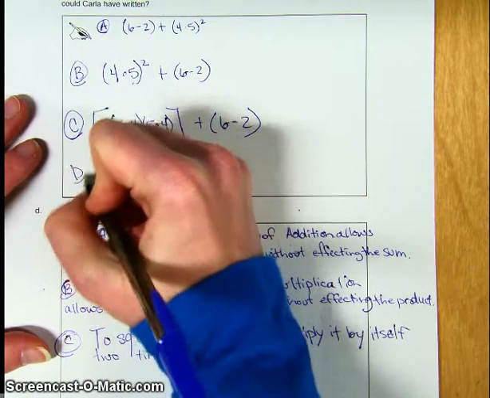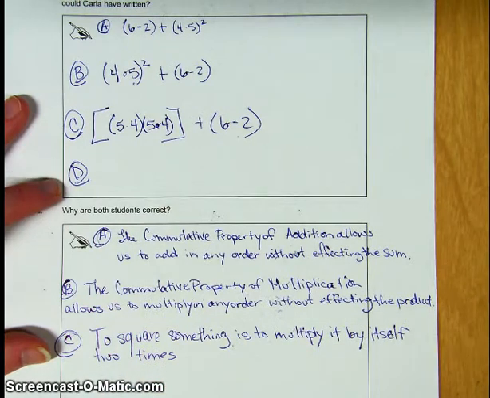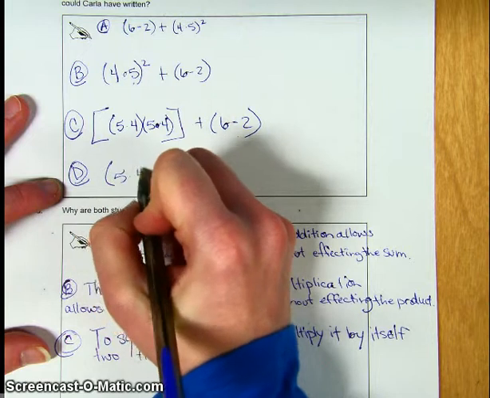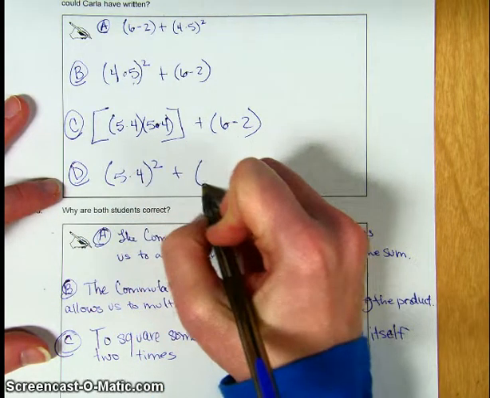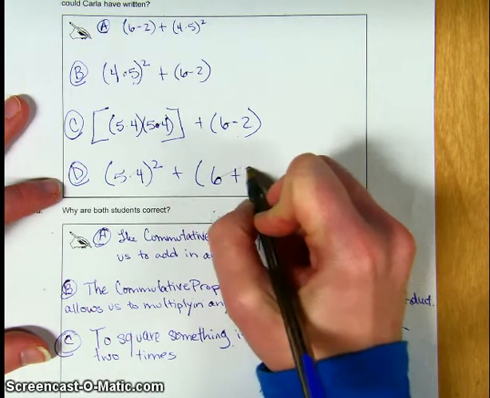And then the fourth option: 5 times 4 to the second power plus 6 plus negative 2.